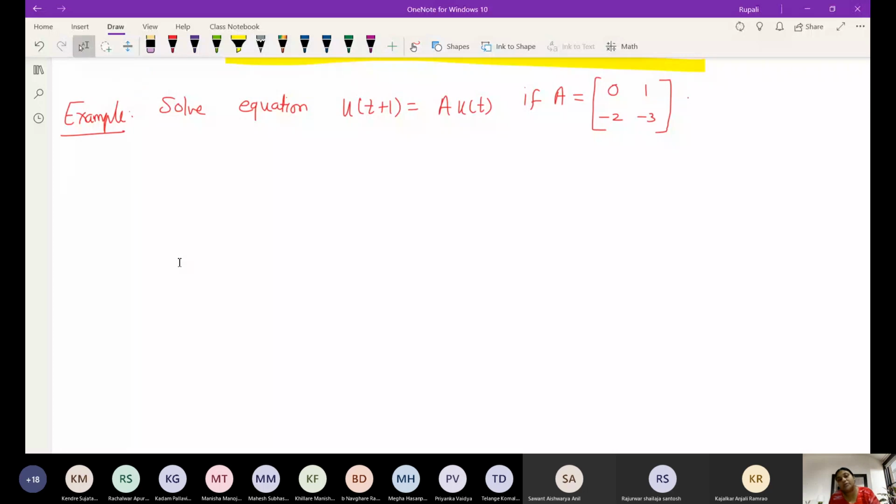Whenever we have to solve such an equation, first we have to find eigenvalues and eigenvectors. Already we have found eigenvalues and eigenvectors of this matrix A in the previous lecture.